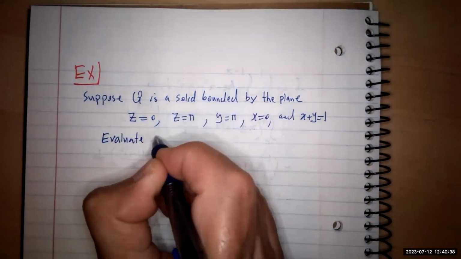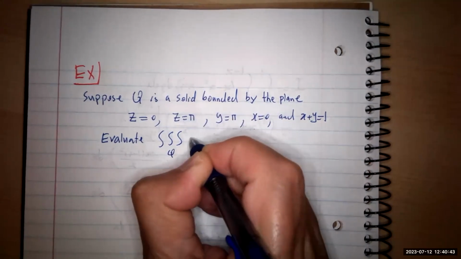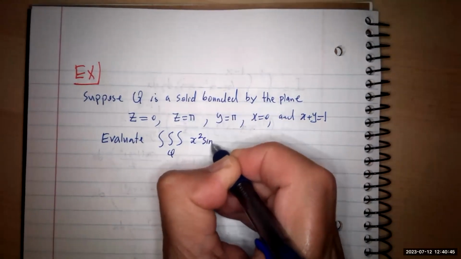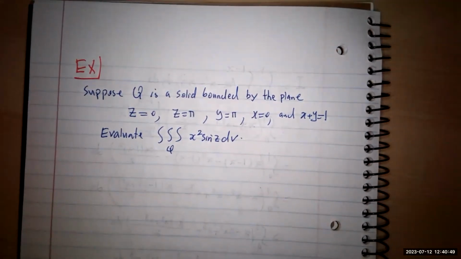But they ask you to evaluate this one. You want to evaluate the triple integral on Q, and the function this time is x squared sine of z dV. Again, we have to work on the limits of integration first.